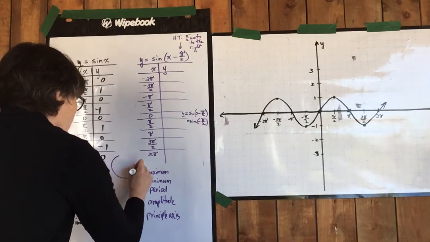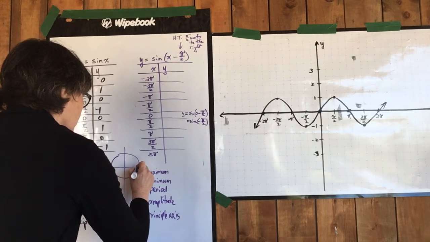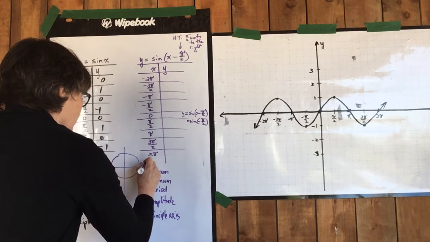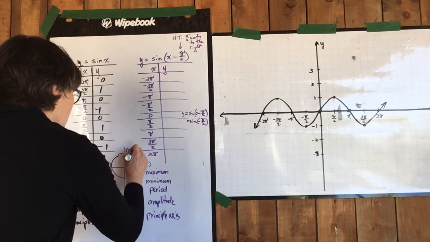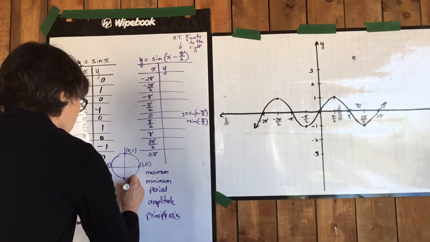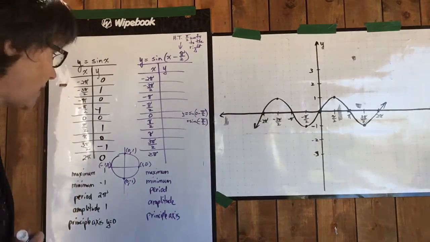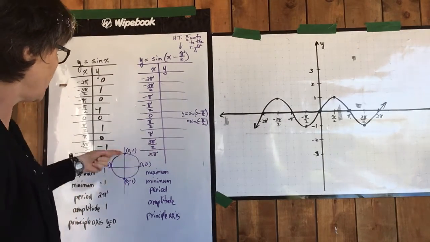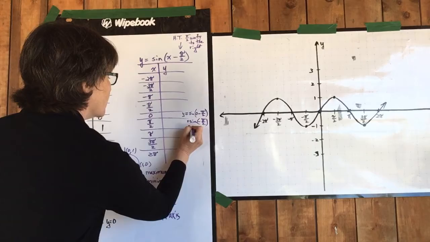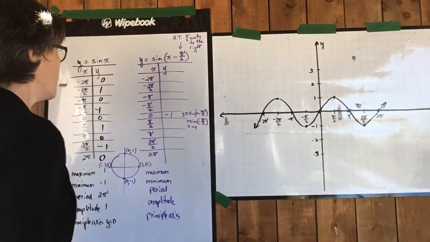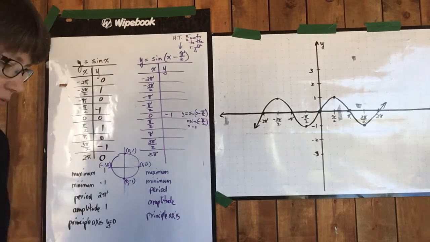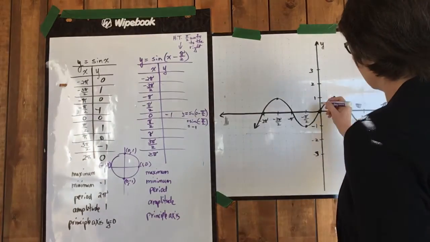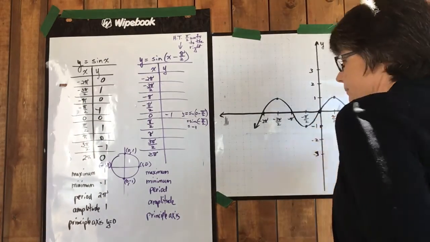I forgot to draw one here, just pop it in real quick. 1, 0, -1, 0, up here, 0, 1, down here, 0, -1. So sine of negative pi over 2 is -1. So -1 goes here. Notice over here it was 0, 0. Here it's 0, -1. Let's pop that on here. 0, -1. There we go.